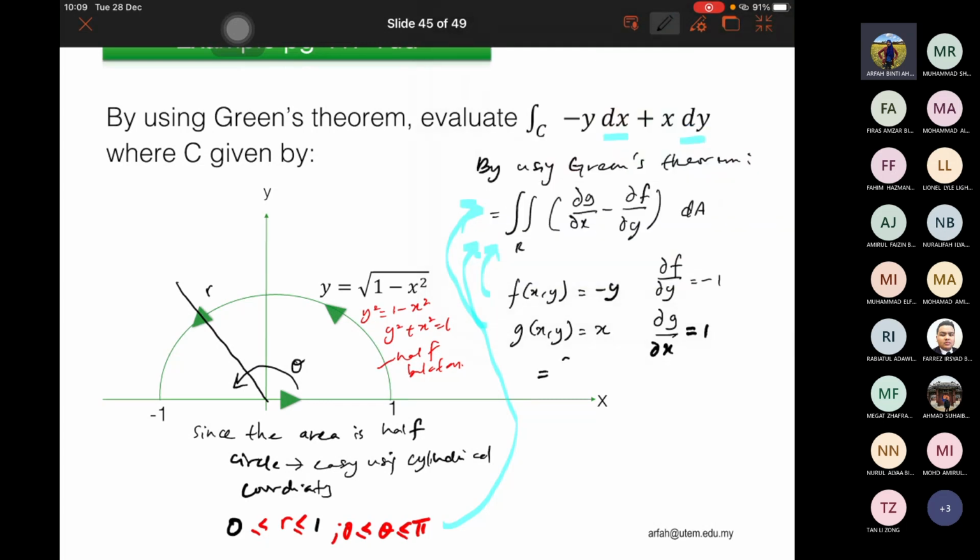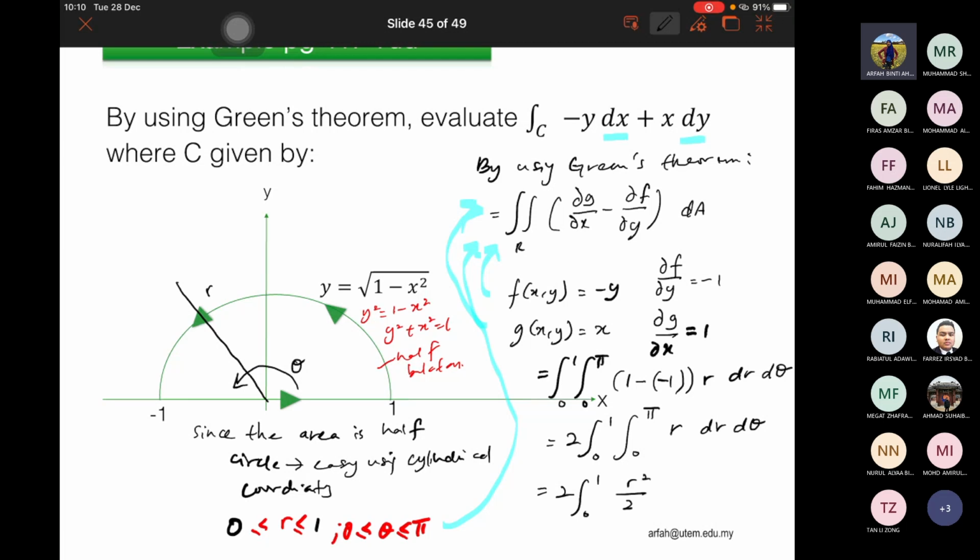So it will be integrate 0 kepada 1, 0 kepada pi. Delta G is 1 tolak negatif 1 didarabkan dengan R dr d theta. So 1 tambah 1, 2 integrate 0, 1, 0 pi R dr d theta.